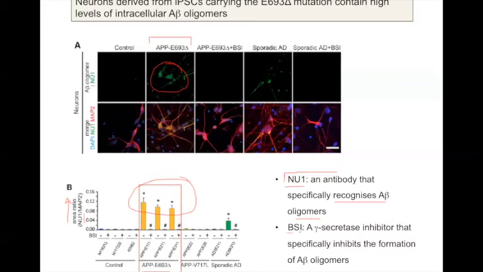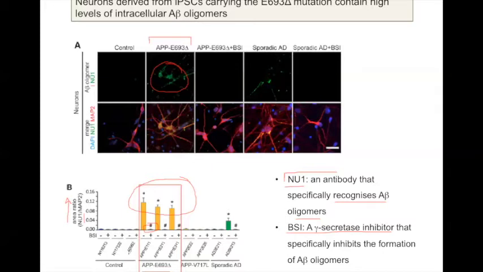When you treat the cells with a gamma secretase inhibitor, remember the PSEN1, PSEN2, how they inhibit the cleavage of APP into A-beta, we can see the disappearance of the A-beta peptide from the cells. So what are we seeing? We're seeing that we're able to take a skin cell from someone who has a mutation that causes familial Alzheimer's.